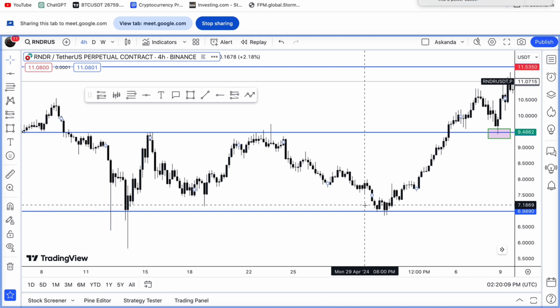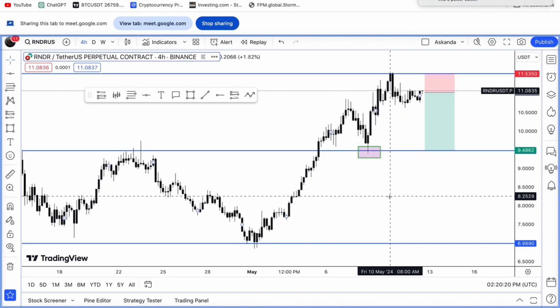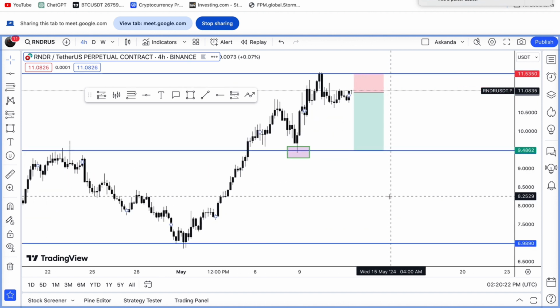When the market was consolidating, the middle line became the resistance. So that's what I'm trying to explain: we have support and resistance, we have structure. Sometimes the price can break through the structure and the resistance becomes another support level.